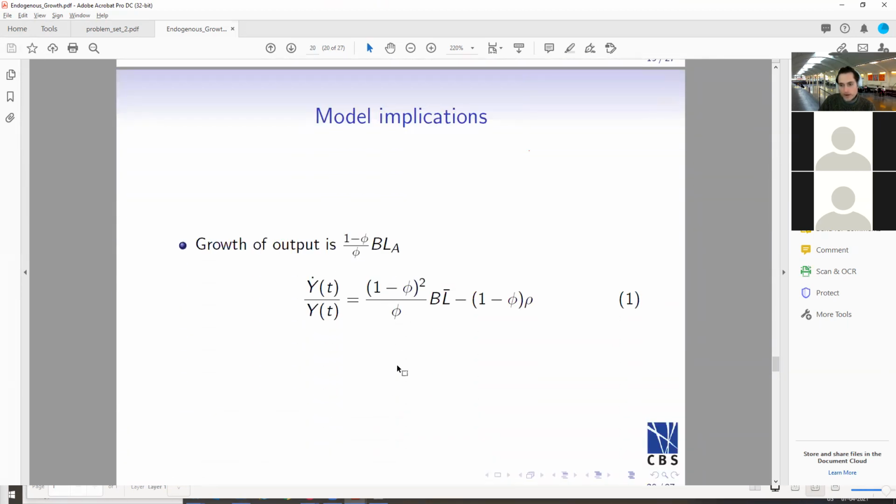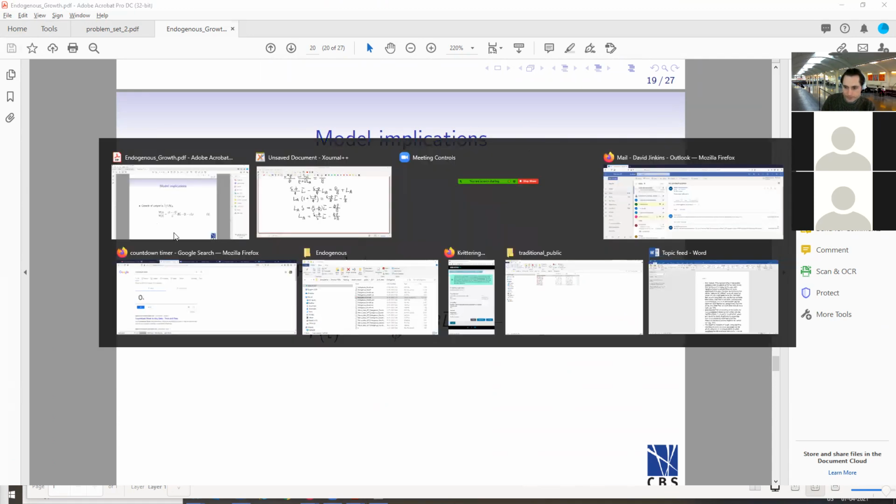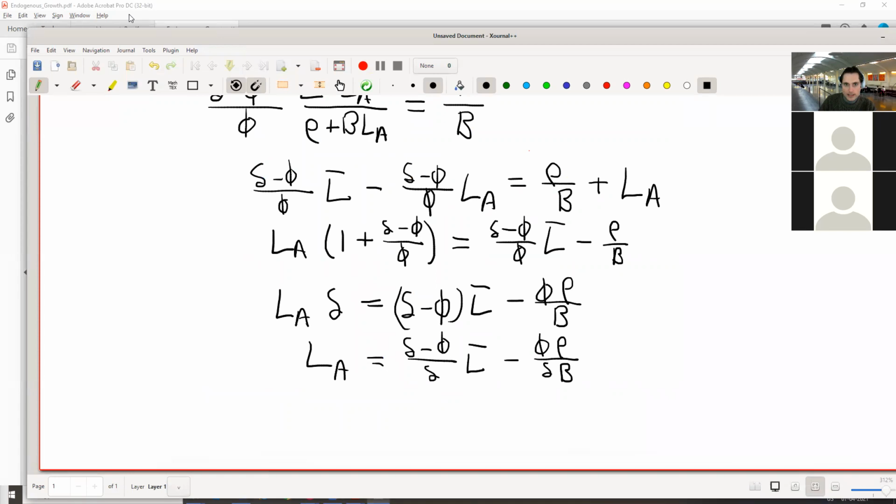All right, now you recall that we can now look at growth of output. Okay, so what is our growth of output? It's just 1 minus phi divided by phi BLA. Oops, need to have another page here. So this one.